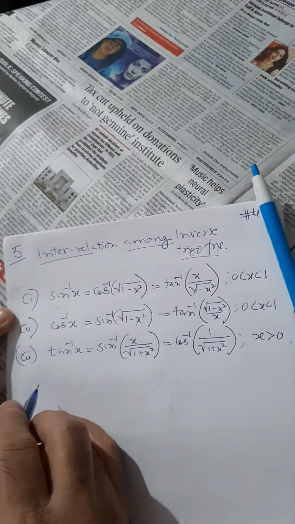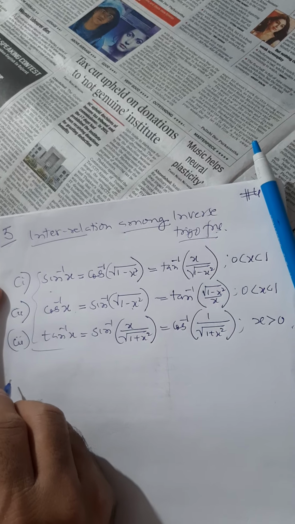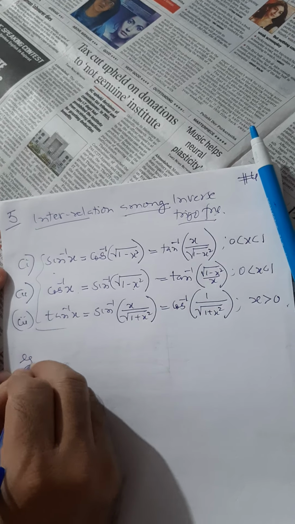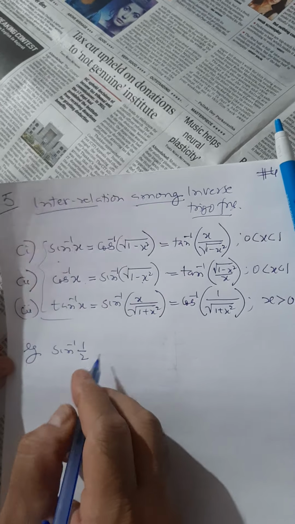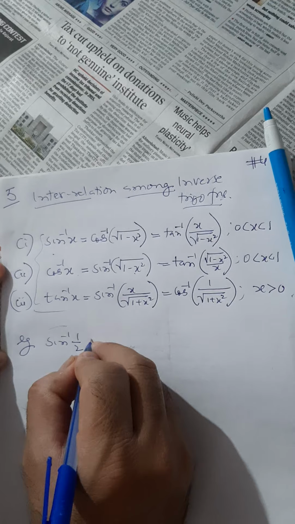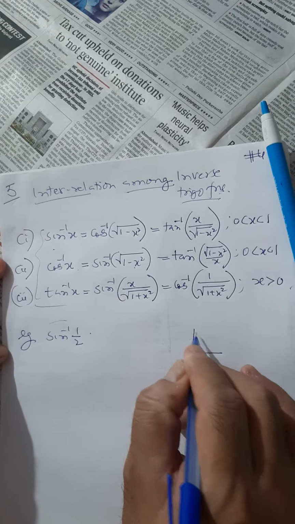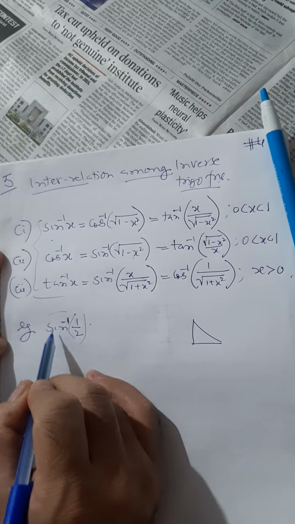Now here, no need to remember these properties. You can use a right angle triangle. For example, I have sine inverse 1 by 2. You know the answer is pi by 6, but I want to convert it into cos inverse. So what you can do, draw a triangle here. You just imagine this as the sine function.